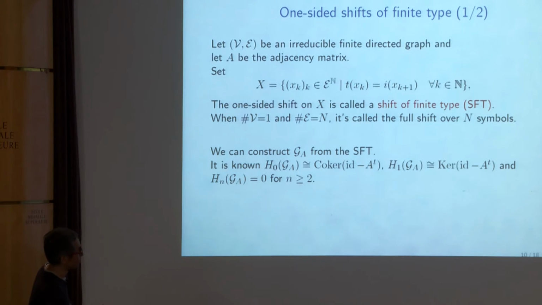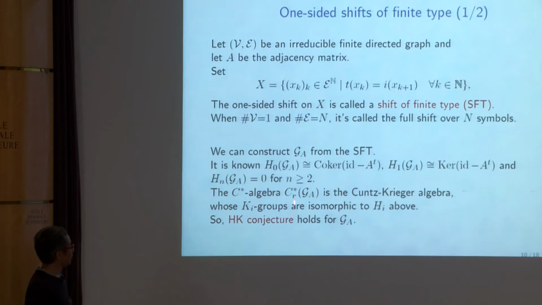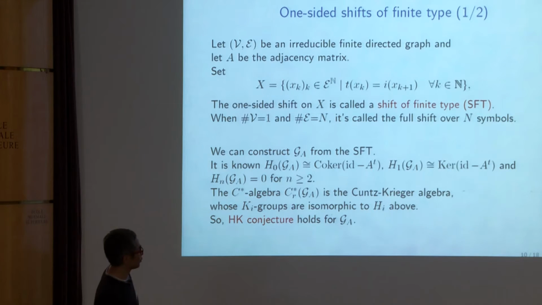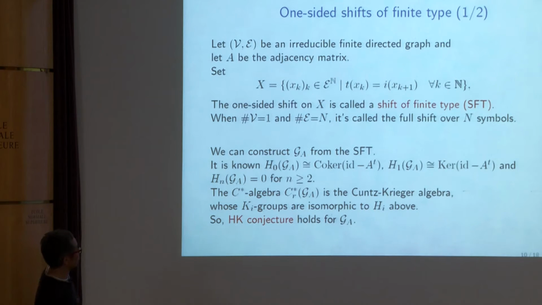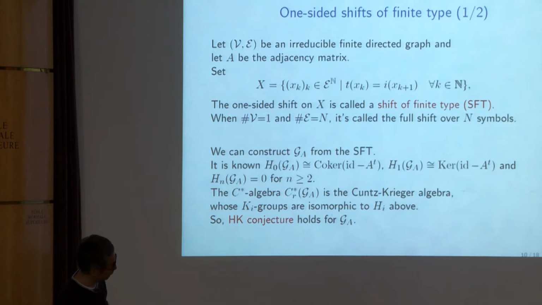A^T means, of course, A transpose. And higher homology vanishes. And the C*-algebra associated with this groupoid is also a famous one. It's the Cuntz-Krieger algebra, whose K-groups are already known, and they are equal. So HK holds. By a direct computation, I can show HK holds.